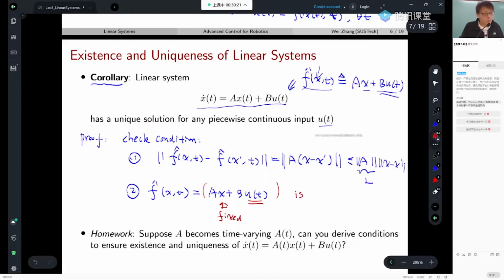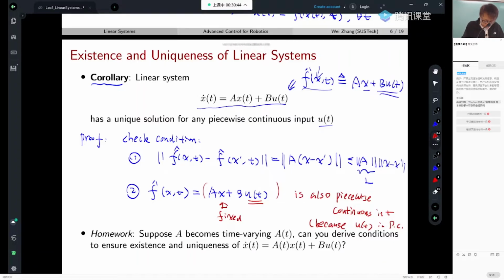So this is also piecewise continuous in t, because u is piecewise continuous. Sometimes we call this piecewise continuous in t.